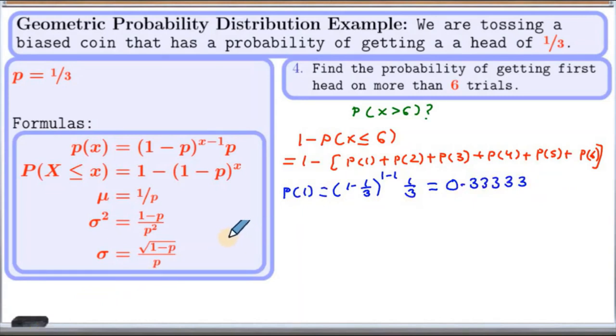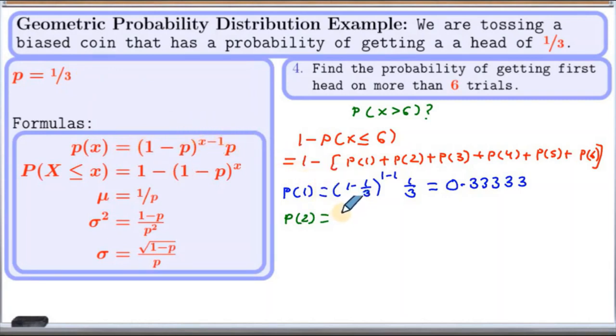Now let's find the probability for 2. For this one, our x will be 2 and our p is the same, which is 1 over 3. Now we can substitute those p and x in this formula here.